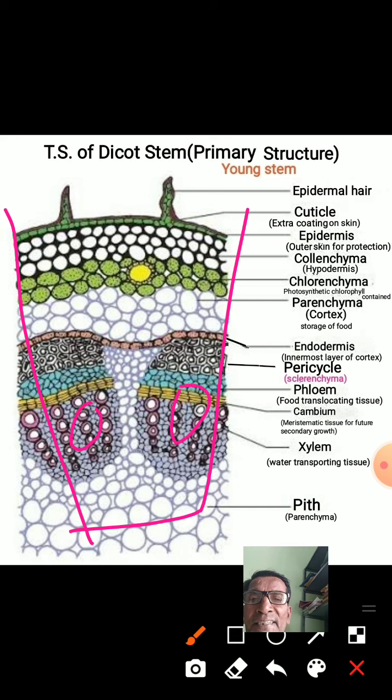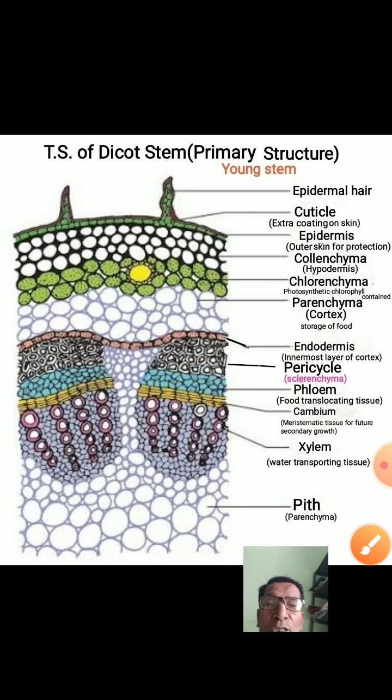In fact, these are present in the form of a ring as we saw in the ground plan. The vascular bundles, as we discussed, are conjoined, collateral, and of open type, wedge-shaped or just like the shape of a top, and they are arranged in the form of a ring, or in a concentric circle.